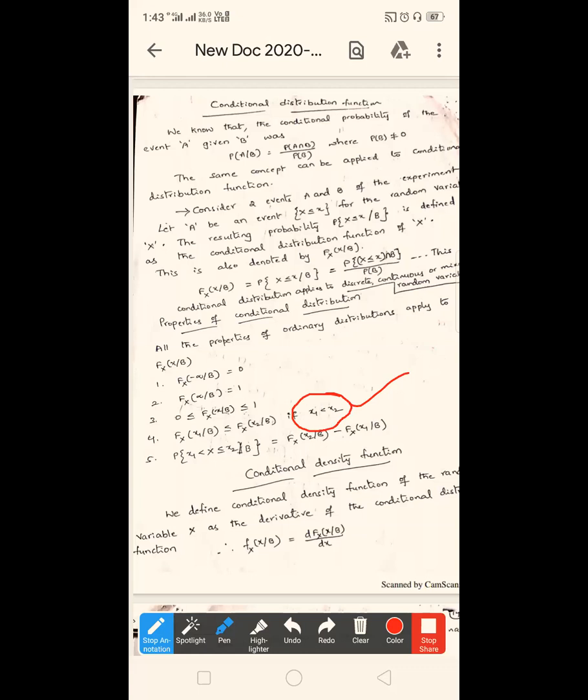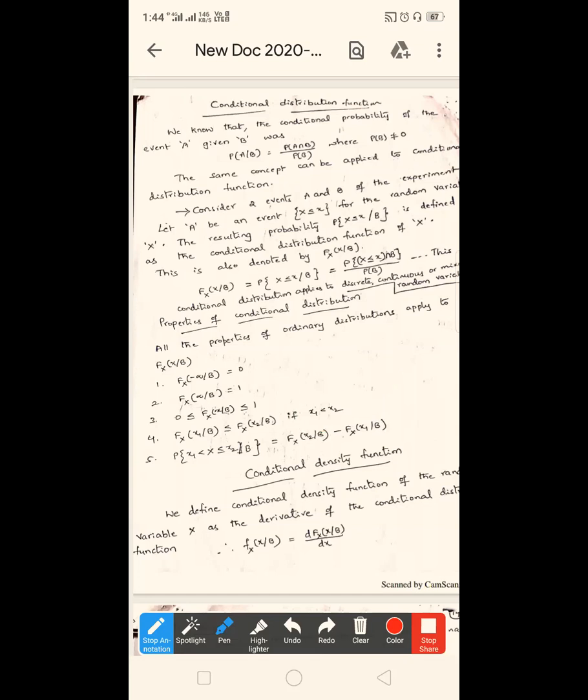Here we need not see the proper proofs. We need not prove these properties. If you want the proofs, I will provide another paper after solving the properties. Proofs are not important for this concept, conditional distribution.